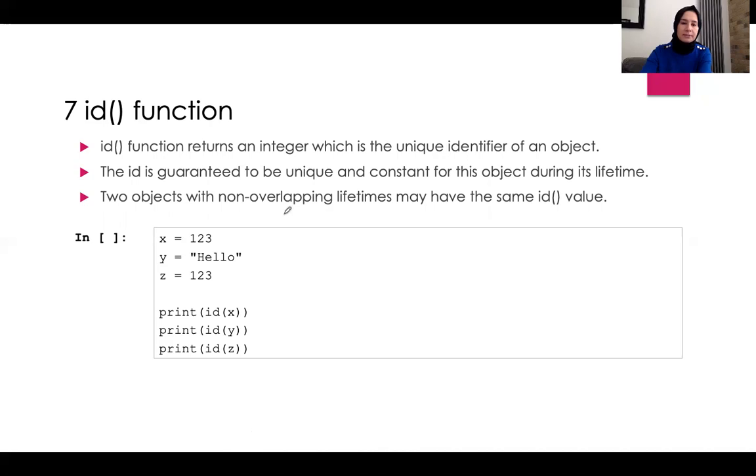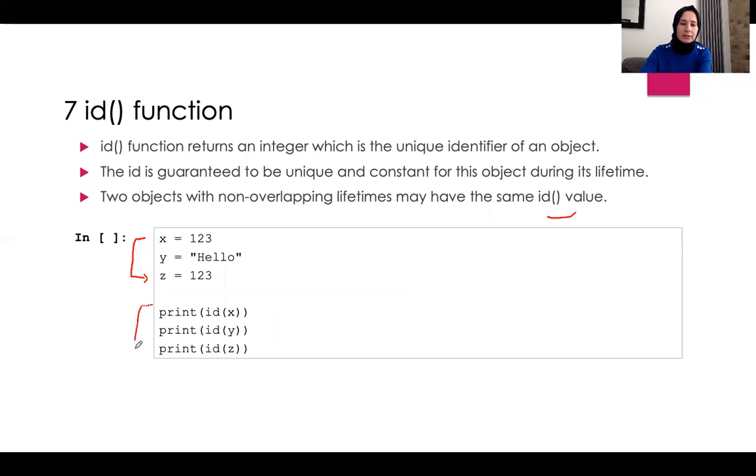Two objects with non-overlapping lifetimes may have the same ID value. We have three different variables here, x, y, z. X equals 123, y equals hello, and z equals 123.